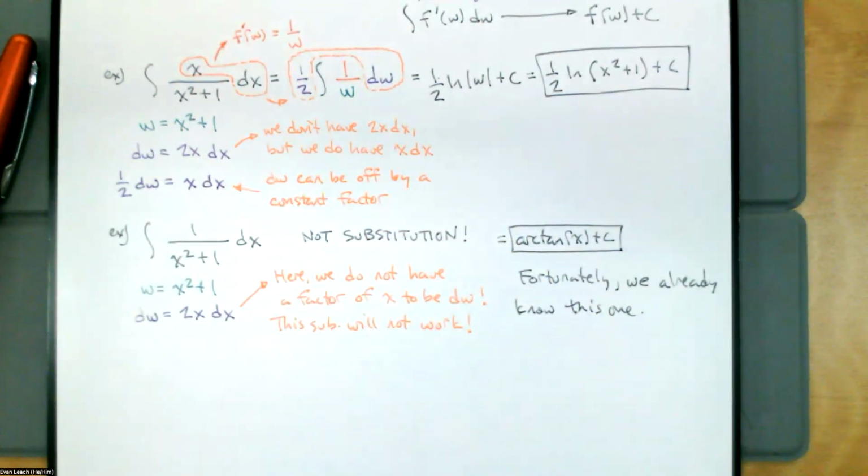So this one works because we did not have that factor of x to be the dw.